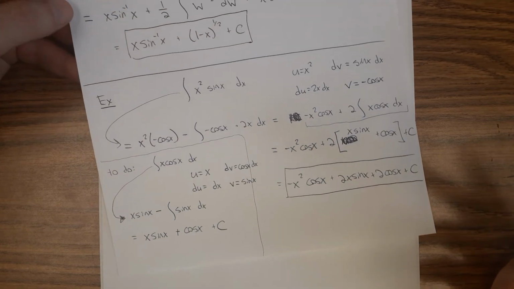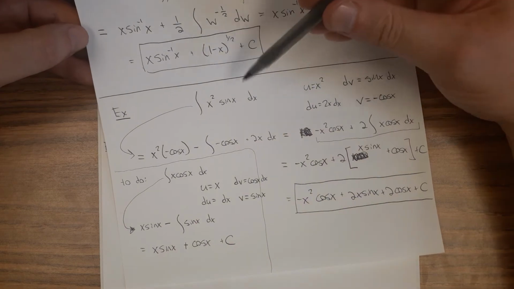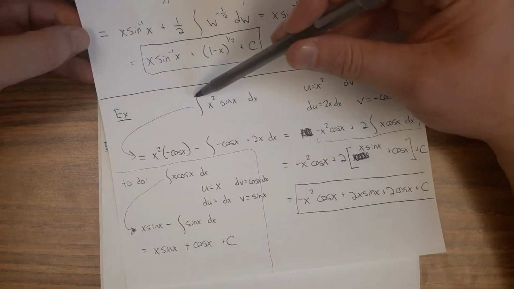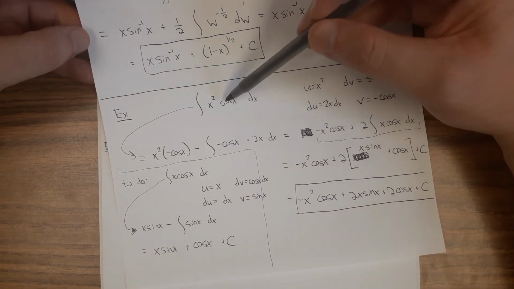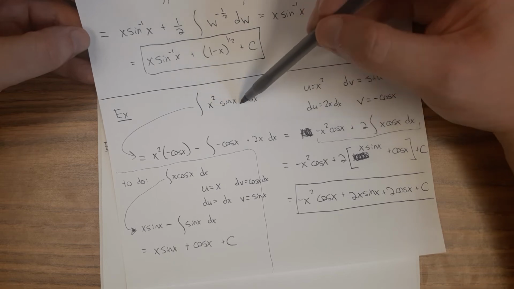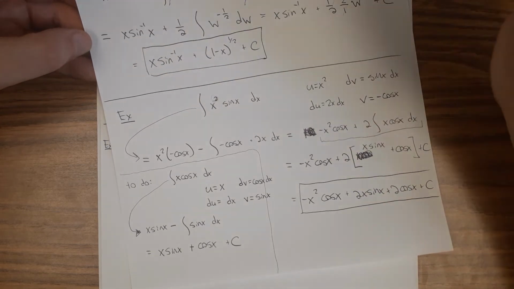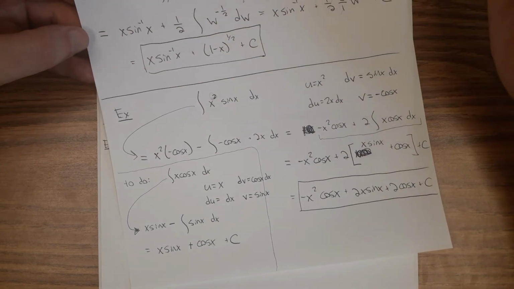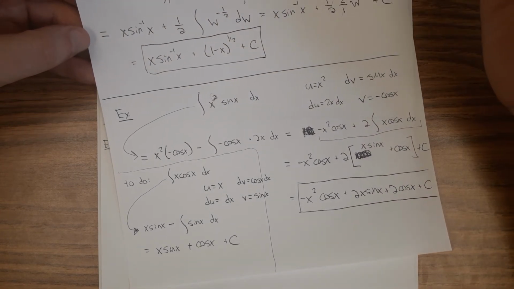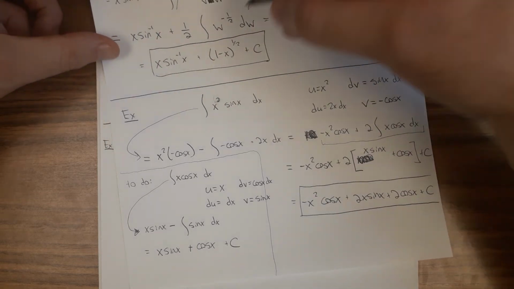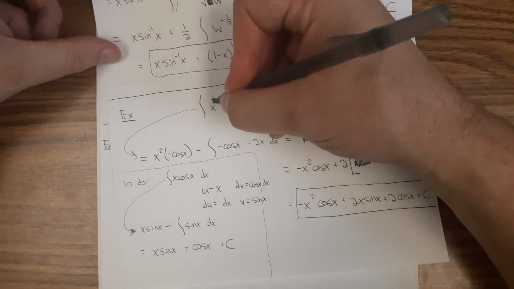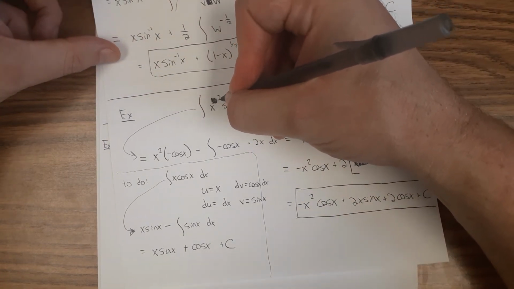In particular, this is not an uncommon situation where you have some power of x, and maybe it's times sine or cosine or e to the x. Whatever this power is, roughly speaking, it tells you how many times you're going to have to do integration by parts. Oops, I kind of messed this 2 up. Let me write it again. This was a 2.